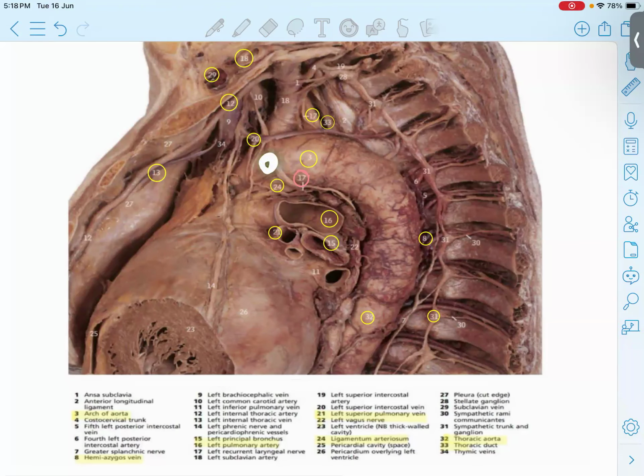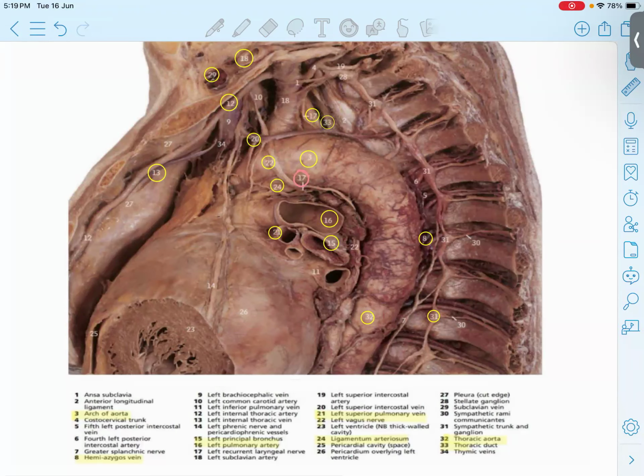See, it will be vagus nerve, because we have already studied that the left-sided vagus nerve circles here around the arch of aorta. So 22 will be vagus nerve, and here, what is 17? 17 is left recurrent laryngeal nerve. See, this will be like a circle here. 22 is vagus, and 17 is left recurrent laryngeal nerve. What is 33? 33 here is thoracic duct.